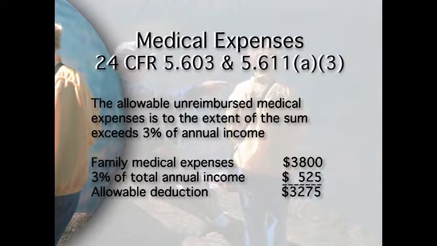For example, this family has medical expenses of $3,800. 3% of the total annual income for this family is $525. Therefore, the allowable deduction would be $3,275.